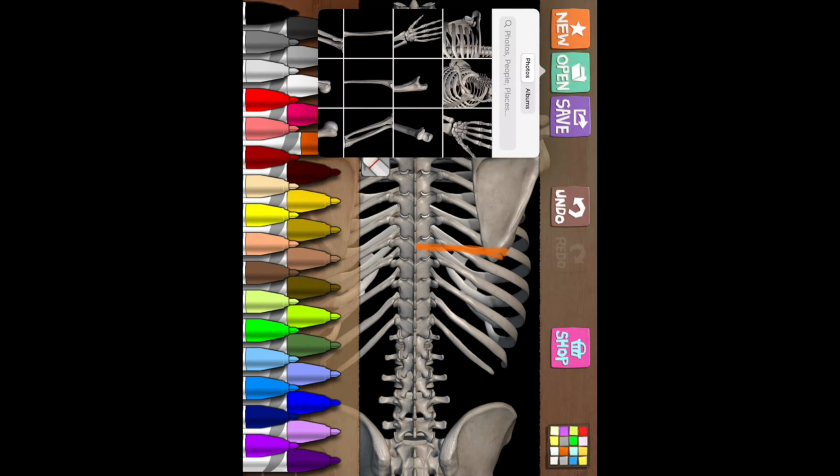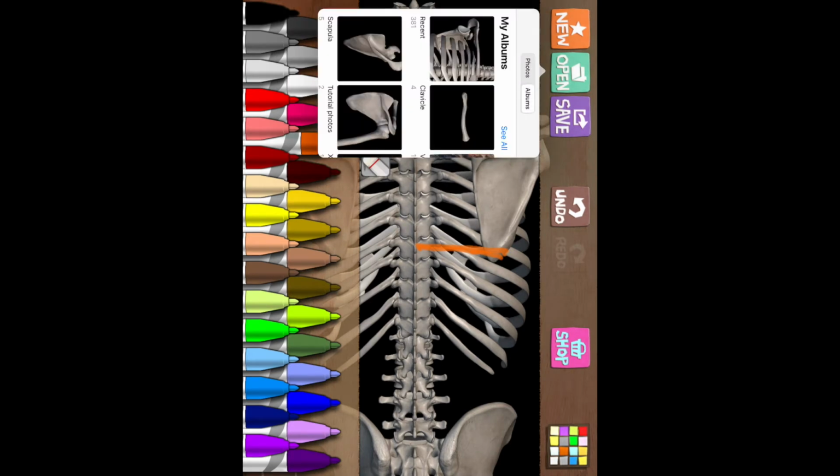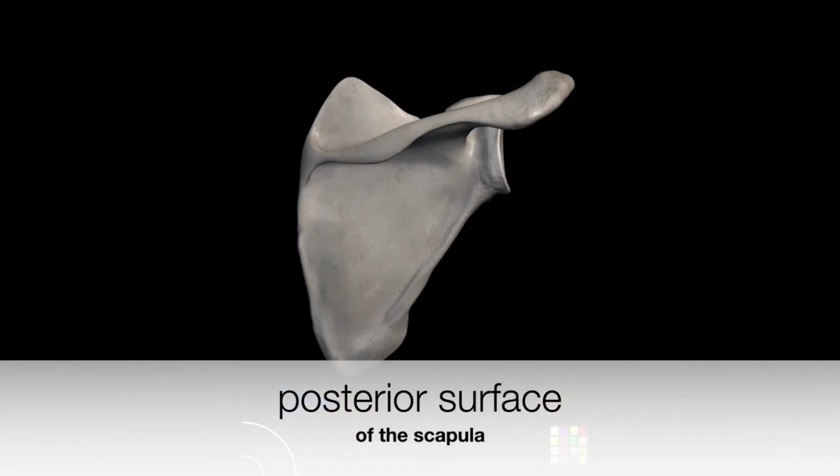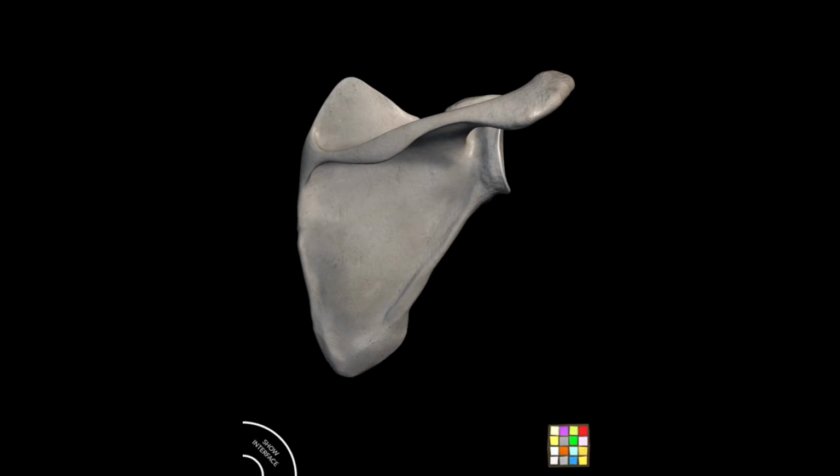Looking at the posterior surface of the right scapula in isolation now, you can see that the scapula is a roughly triangular flat bone, and we can draw in borders in that triangle.